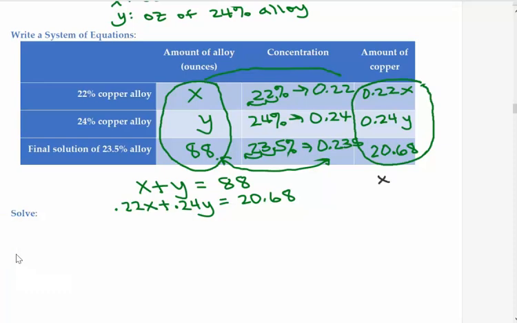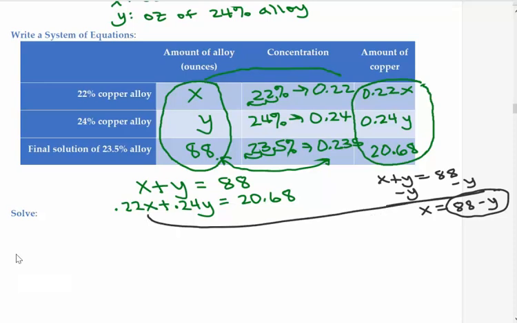If I take x plus y equals 88 and solve it for x, because if I'm using the substitution method, I want one variable by itself, so I'm going to subtract that y over. So x equals 88 minus y. And now I can take that 88 minus y and put it in place of x in my bottom equation.